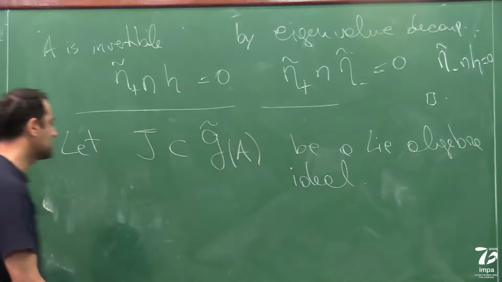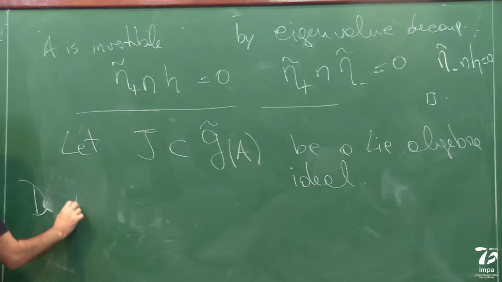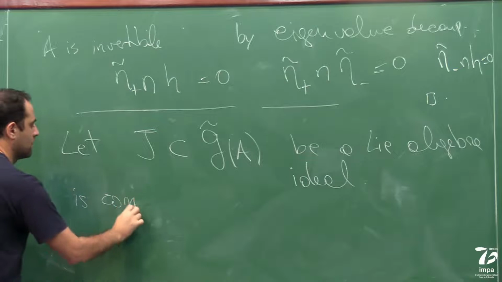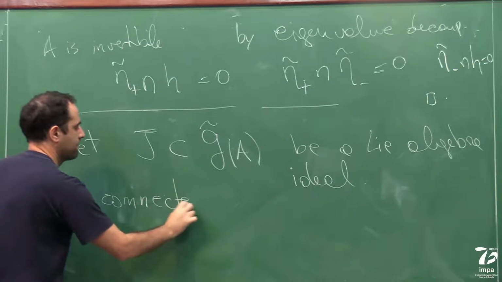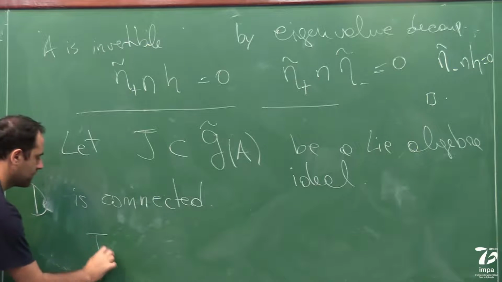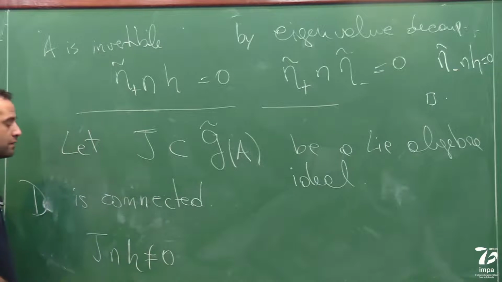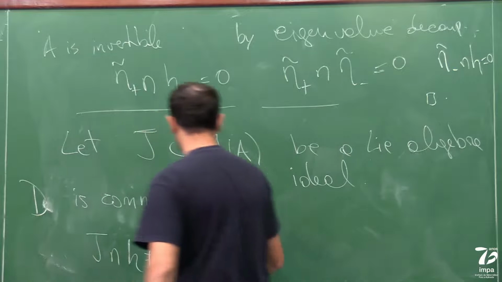And let's suppose that D, the Dynkin diagram of that Cartan matrix, is connected. Then I claim that if J intersects H non-trivially, then J is the whole Lie algebra.